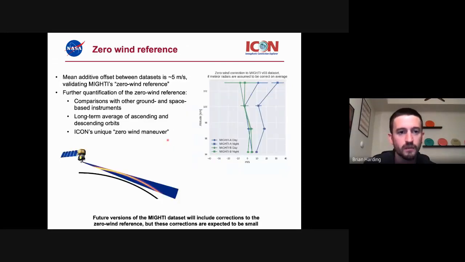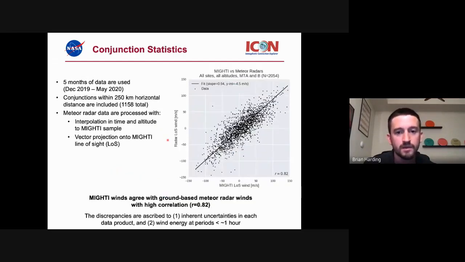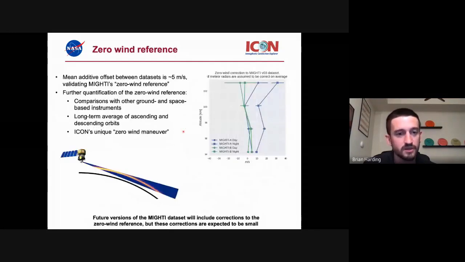There was one thing I should also mention. We were excited to see the high correlation and the slope that's very near 1, it's 0.95, but most exciting for me, at least, was to see that the y-intercept was small, because that means that our zero reference was fairly accurate.